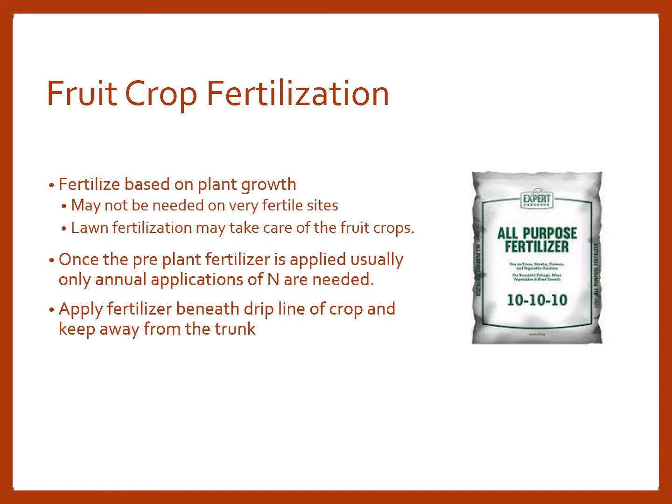So if you've got them in your lawn and you regularly fertilize your lawn, there's no need to fertilize your fruit trees separately. Another is once the pre-plant fertilizer is applied, usually only annual applications of nitrogen are needed. So once you've done your soil test and you know how much phosphorus and potassium you need, you've put that down. You probably won't need another phosphorus or potassium application for several more years. So you are going to still need that yearly nitrogen application.